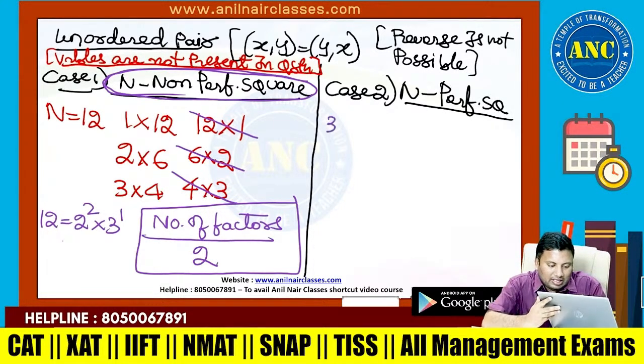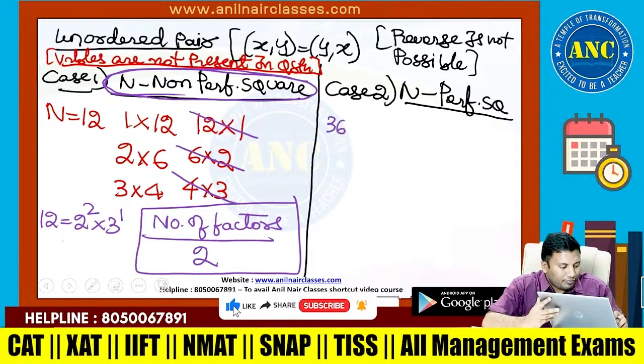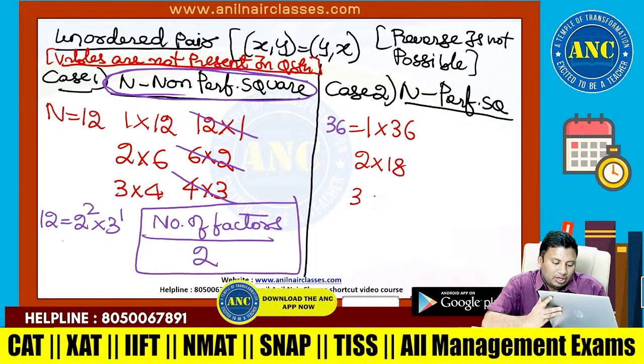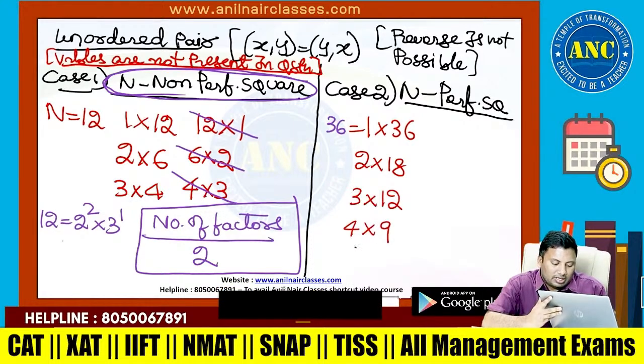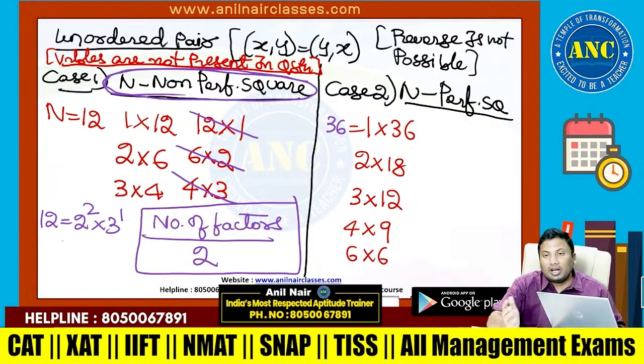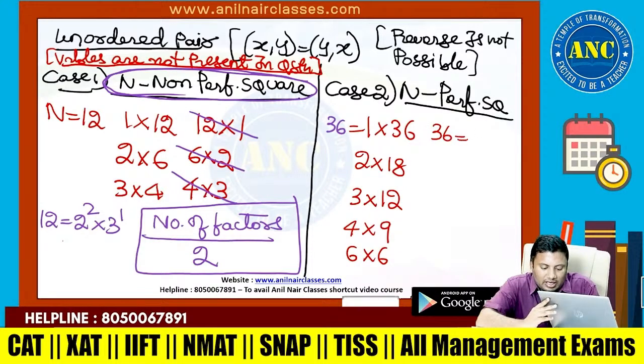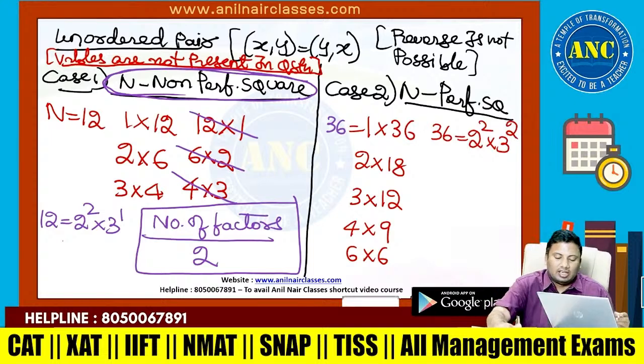Now, if it is a perfect square, 36 is 1 into 36, 2 into 18, 3 into 12, 4 into 9, 6 into 6. Reverse cannot be taken. 36 is 2 square into 3 square, so totally 9 cases are there.